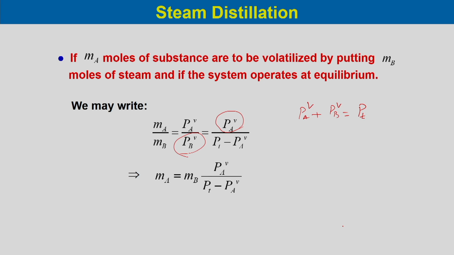So, if we rearrange, MA would be equal to MB into PAV divided by PT minus PAV.